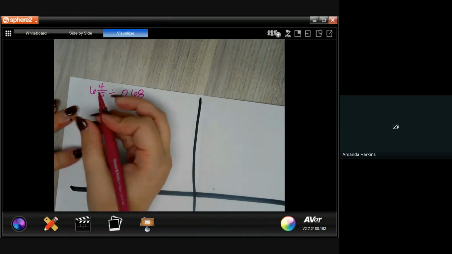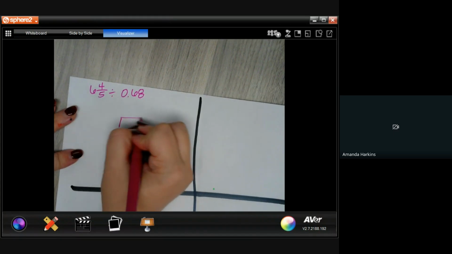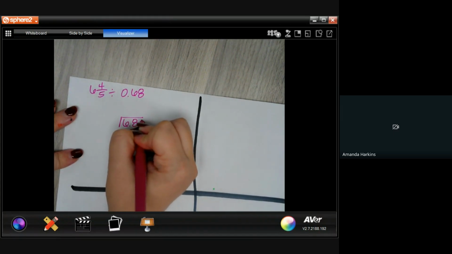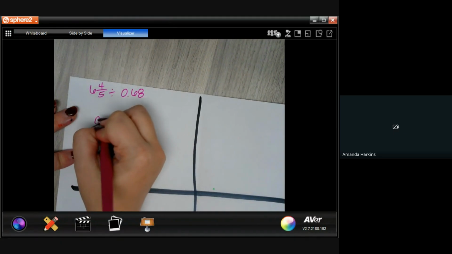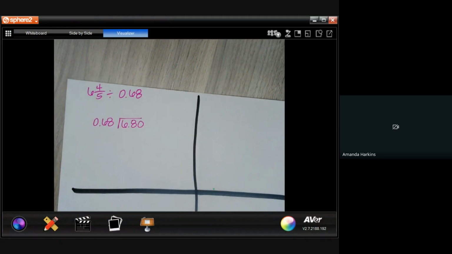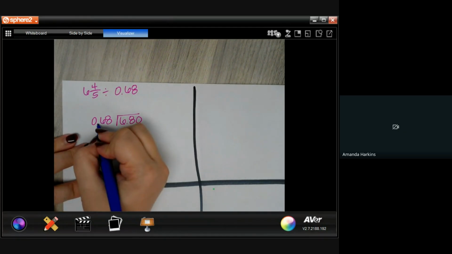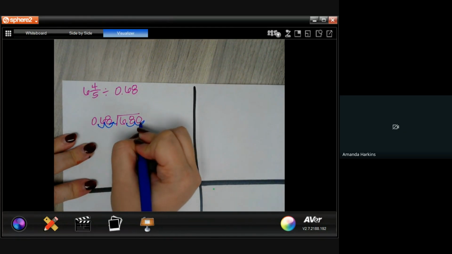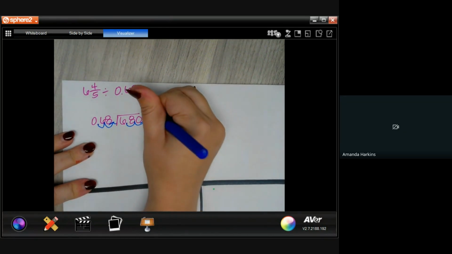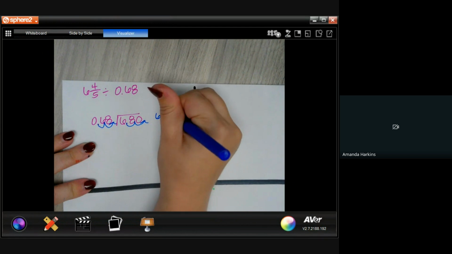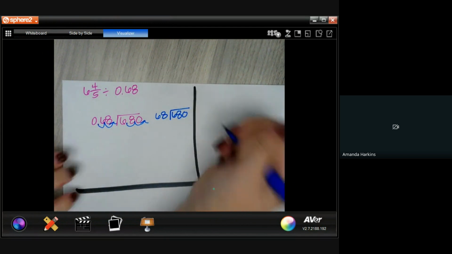And so this is 6.80 divided by 0.68. And so can I have decimals on the outside? Nope. So I need to move it 2 times. So I should have 680 divided by 68.